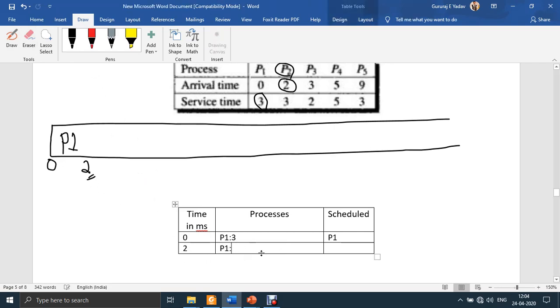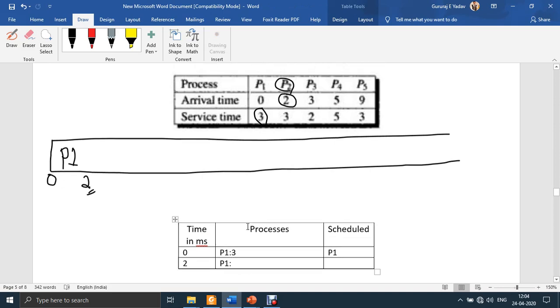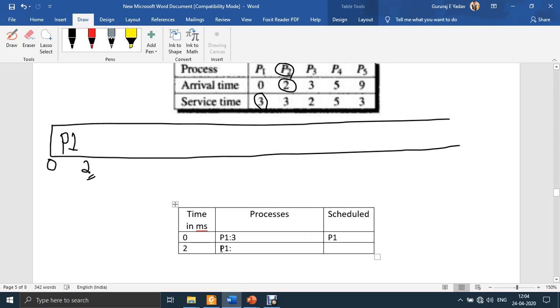So what is the remaining execution time of P1 at 2 milliseconds? You have given the chance for P1 to execute at 0, so from 0 till 2 it is executing. How much time has it executed now? 2 milliseconds, but it requires 3 milliseconds to complete.